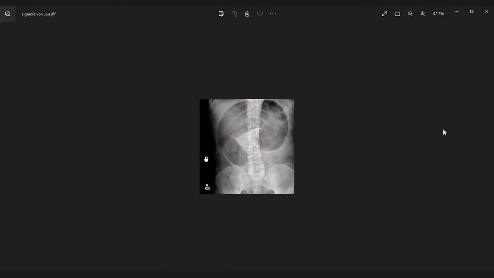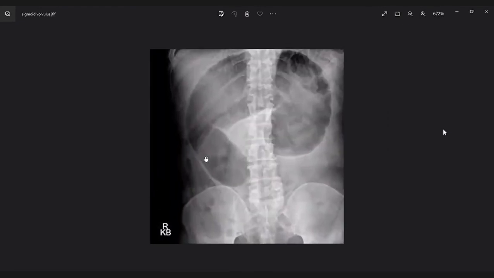Spot diagnosis. Where? It's a closed loop, but what's its classical sign called? I don't want to give you guys too much information in one night, and you're going to get a headache when you go to bed.